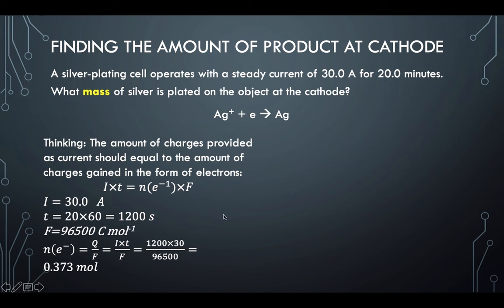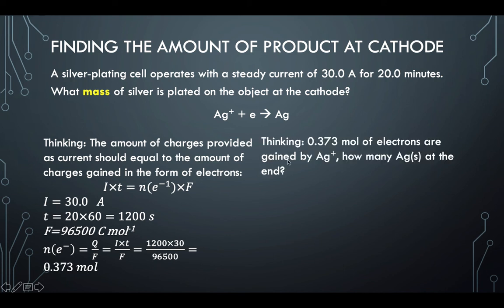Then we have our second stage of calculation. This amount of moles of electrons is gained by silver, according to this equation. How much silver can be found at the cathode?